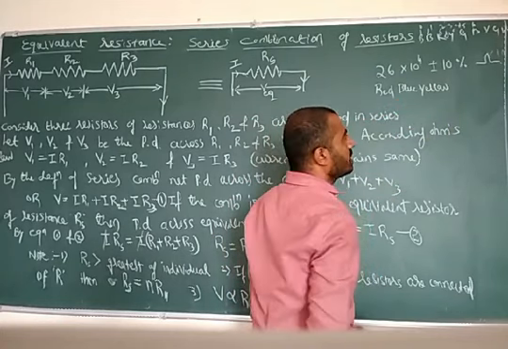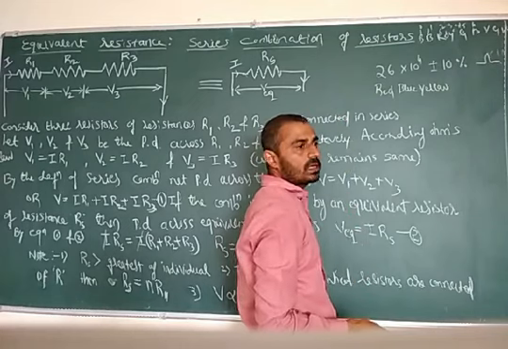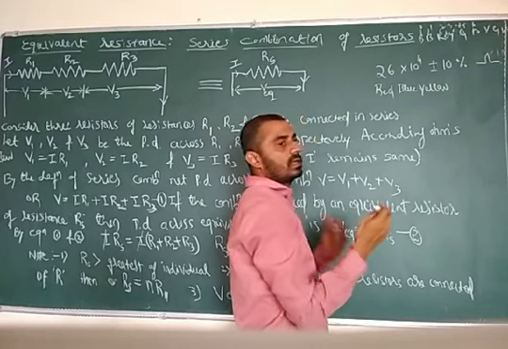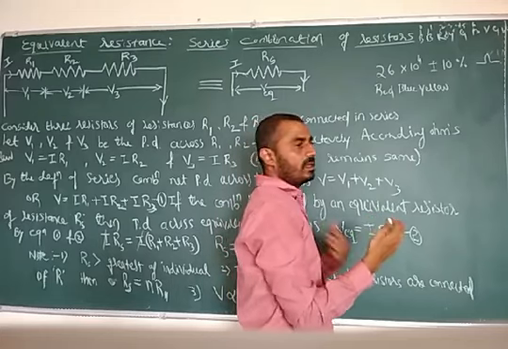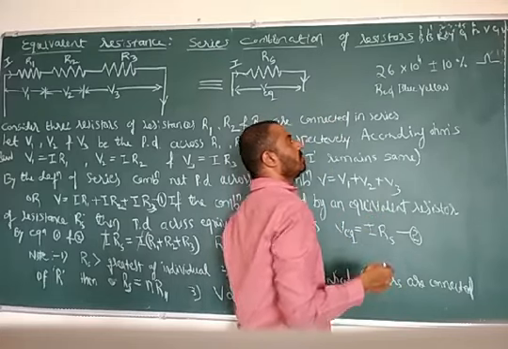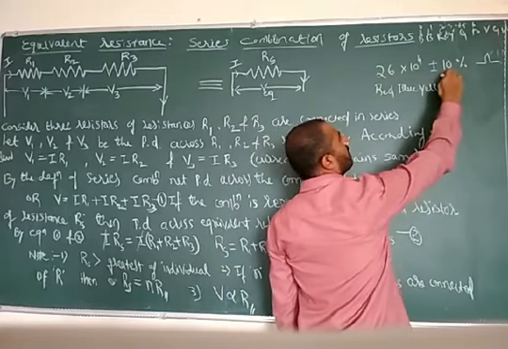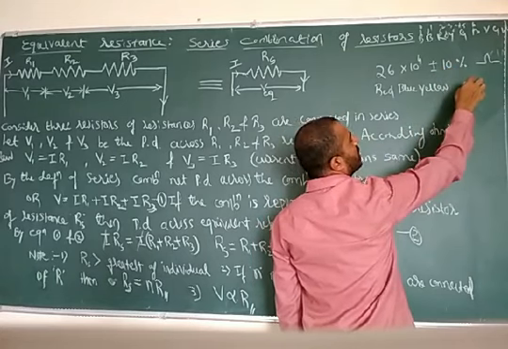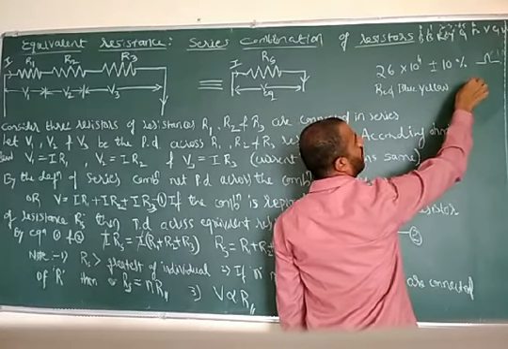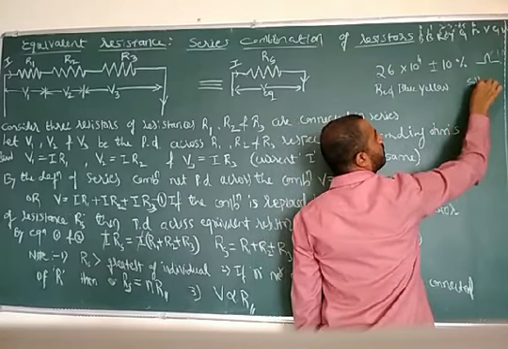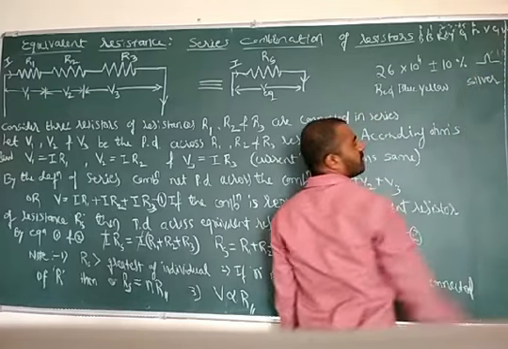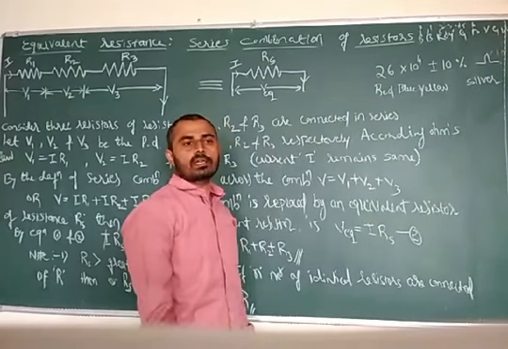Tolerance is 10%. I already told you how the tolerance varies within a range of the actual value. 10% tolerance is represented by the color band silver. Gold represents 5%, silver represents 10%.